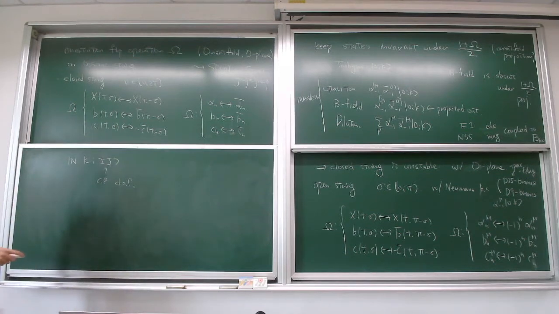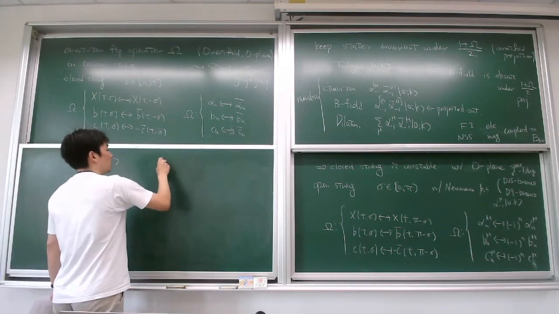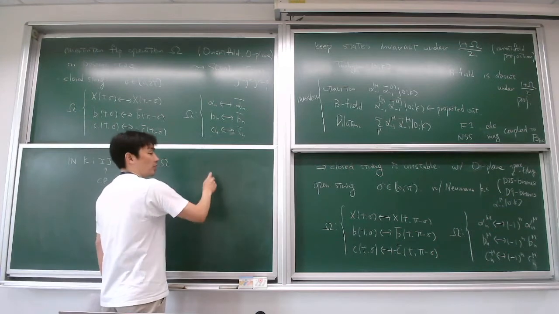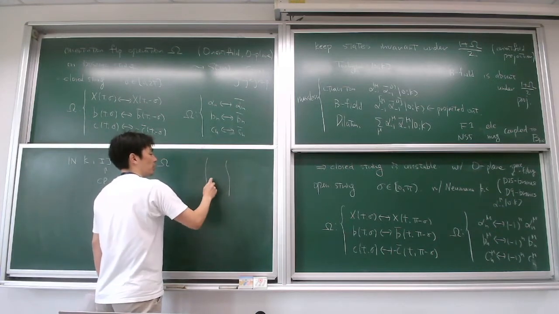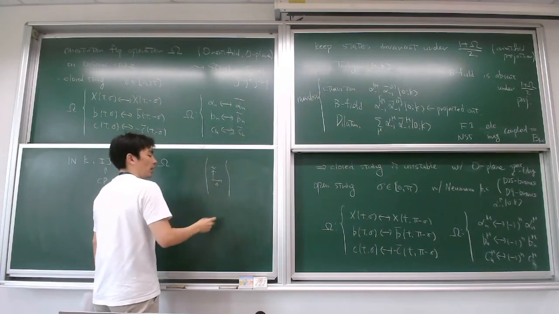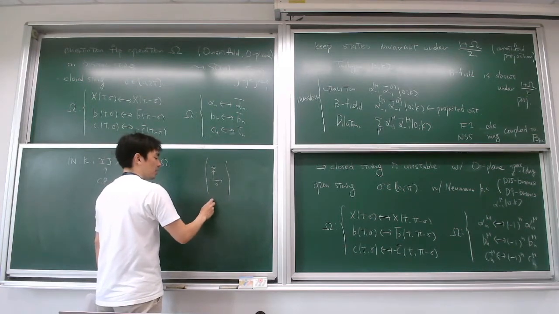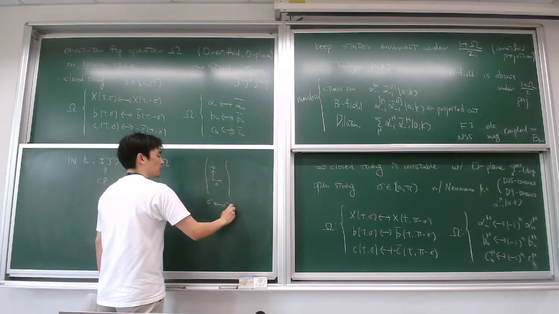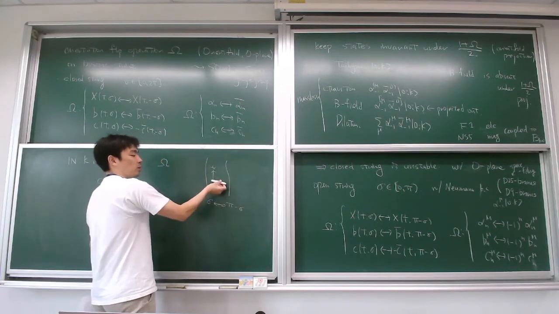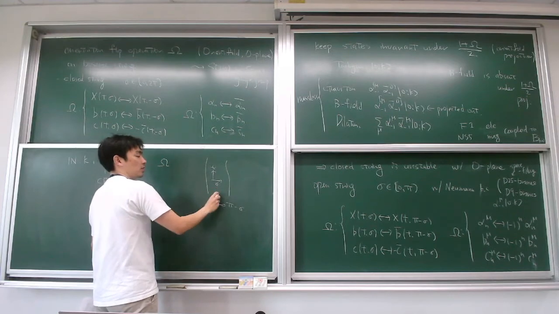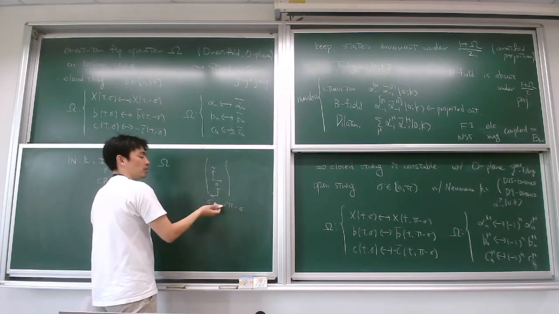The orientation flip: essentially you have the open string, this is the t direction and this is the sigma direction, and sigma goes to pi minus sigma, which essentially flips the orientation to the reverse direction.